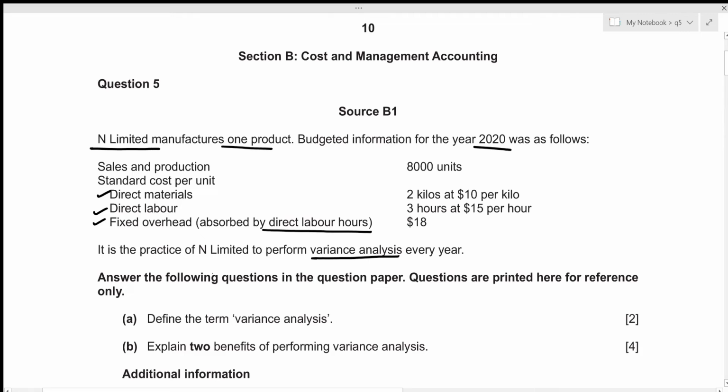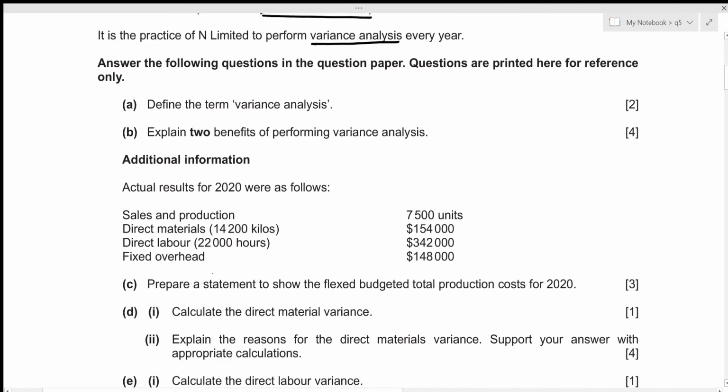So this analysis is just the investigation or study in order to explain the difference between a budgeted amount and an actual amount. Let's write it down.